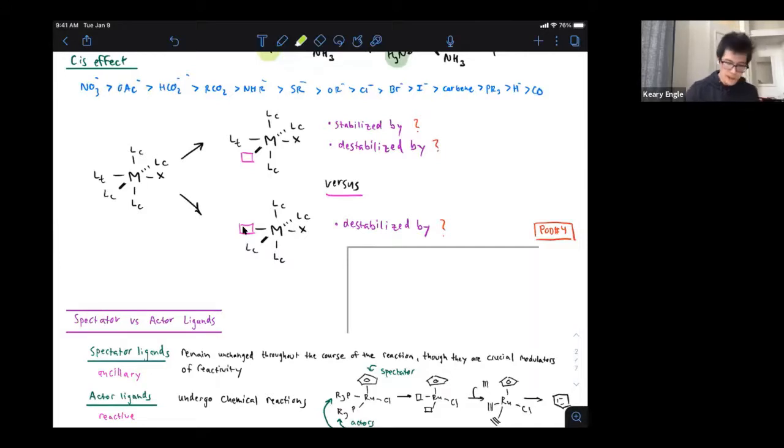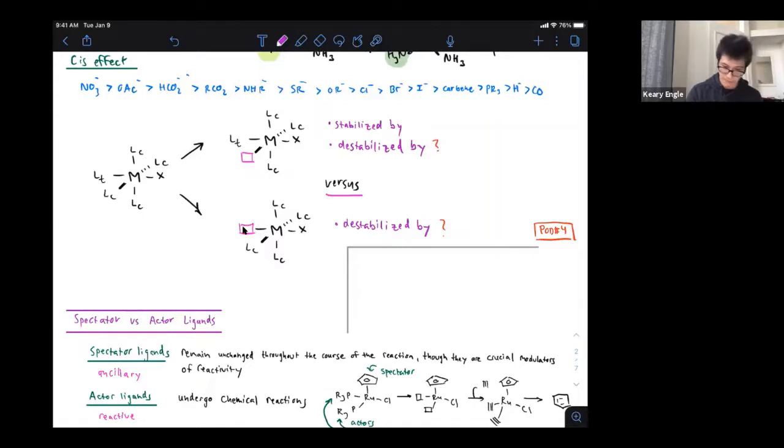And so the basic crux of it is to think about a dissociative pathway, and then from this dissociated putative intermediate, think about what would be stabilizing and what would be destabilizing.